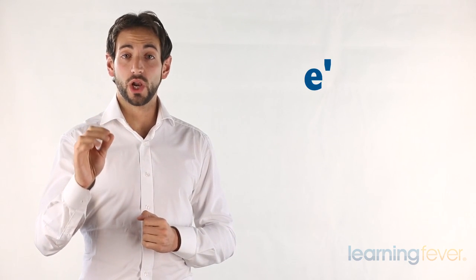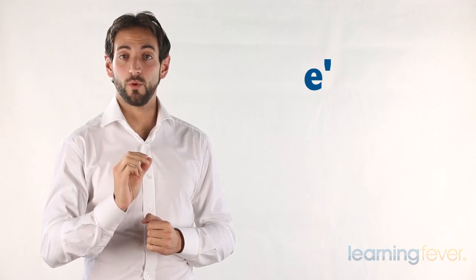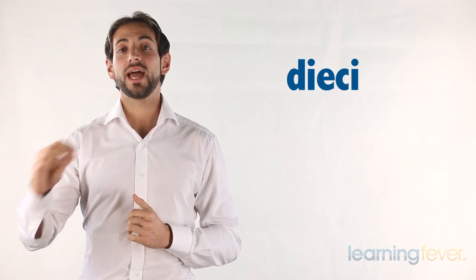Remember, with 1 o'clock, midday, and midnight, you will always use the singular form. L means the, used for feminine singular names. Una means one. E means and. Dieci means 10.